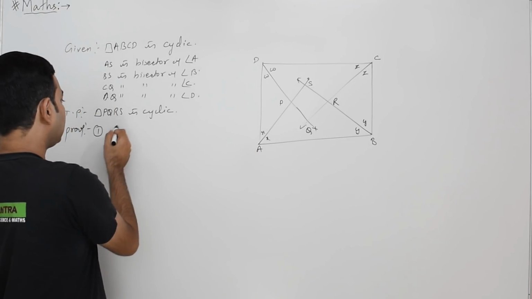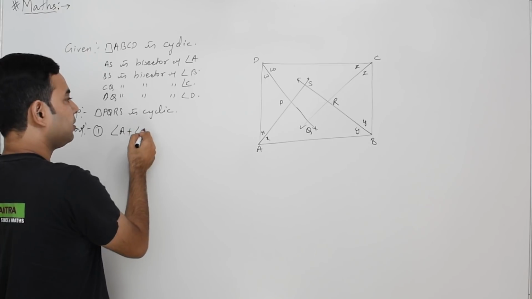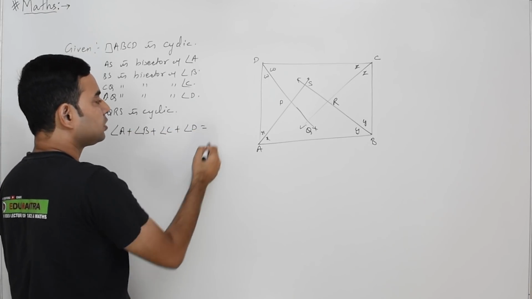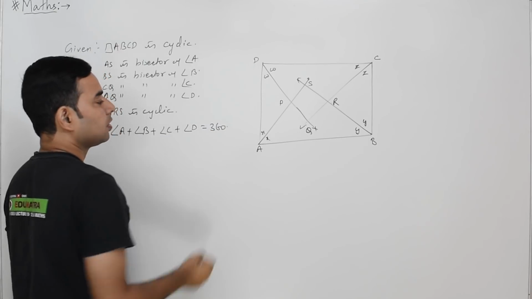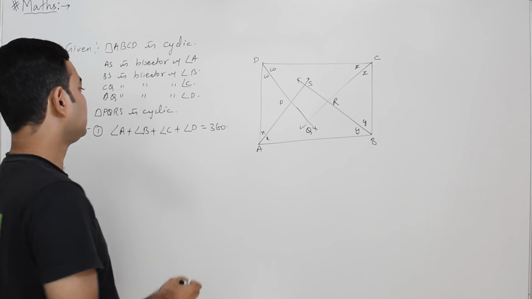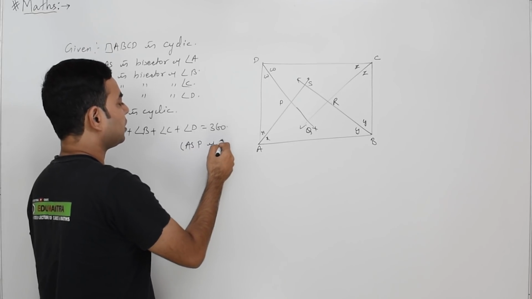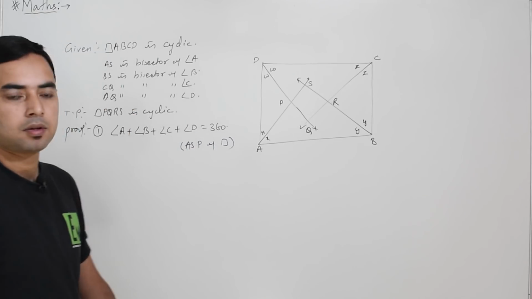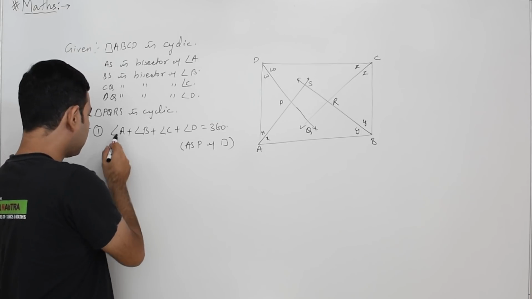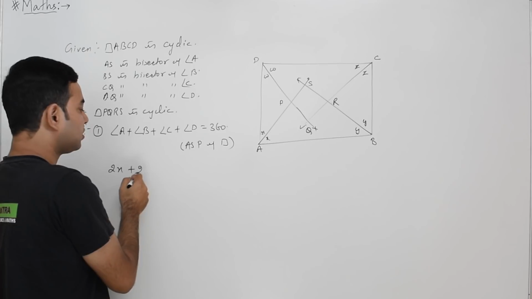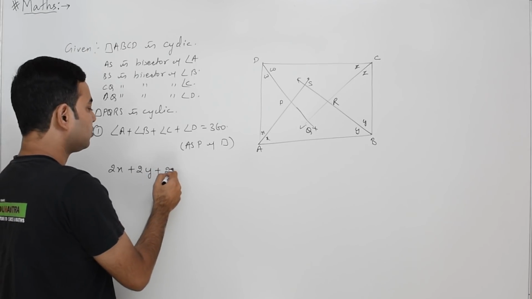Now, angle A plus angle B plus angle C plus angle D is equal to 360, by angle sum property of quadrilateral. Now, angle A is x plus x, which is 2x. Angle B is 2y. Angle C is 2z.